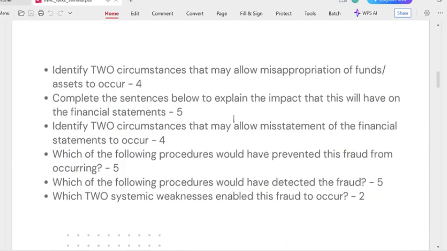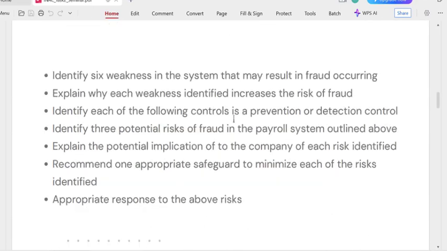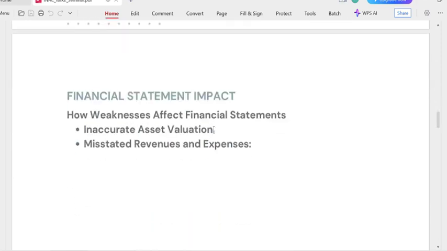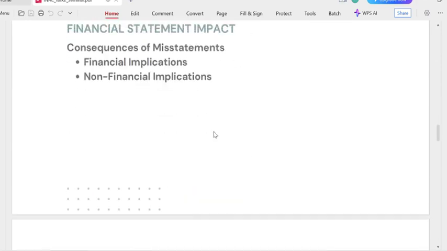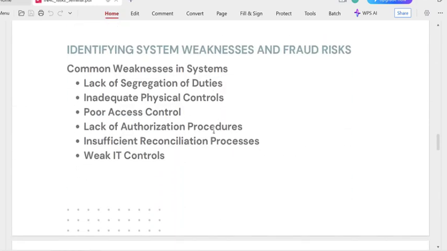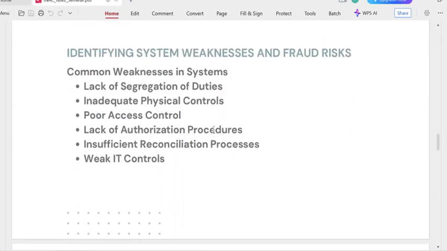So what we are going to do is we try to understand the system, and then we try to identify the weaknesses in the system.